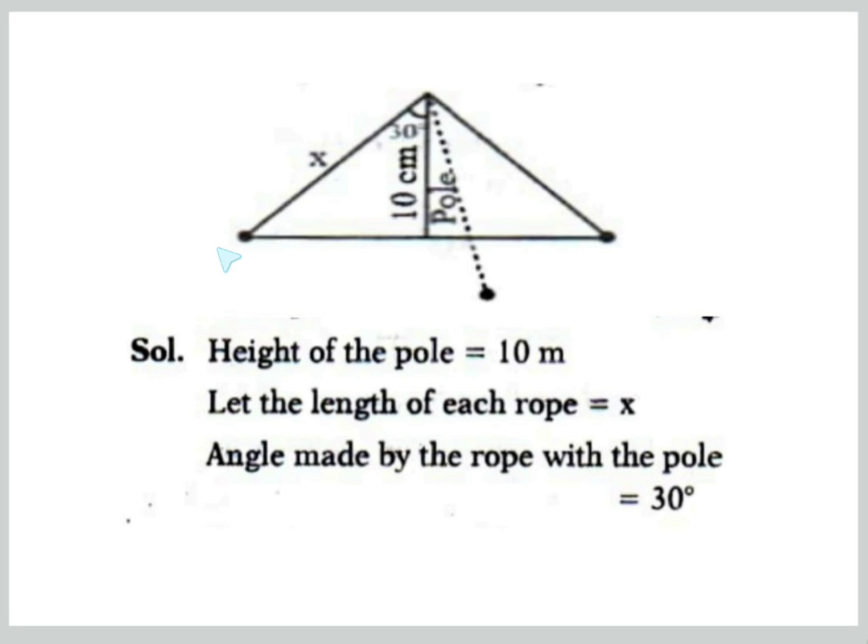So height is A, B, C, D, E. Height of the pole, that is BD equal to 10 meters.